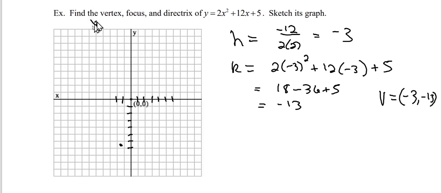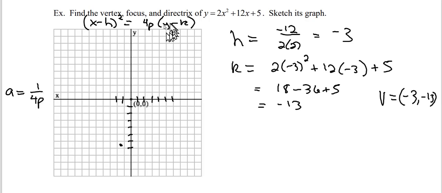Now, if you look at our standard form, this is also a parabola that opens up. If you look at the form that we're considering now, x minus h squared equals 4p times y minus k. We talked before about how if you rewrote this, the a is equal to 1 over 4p.